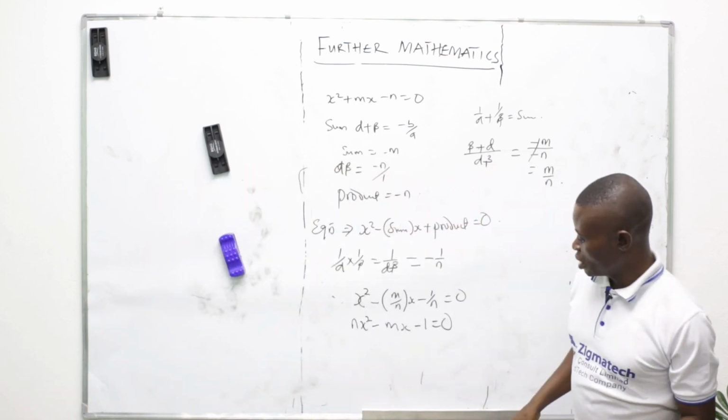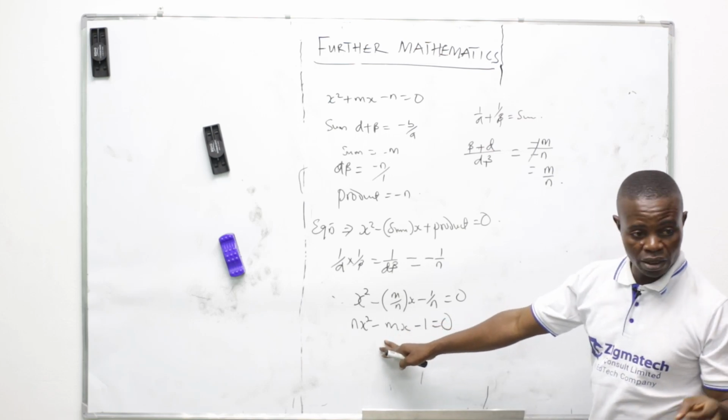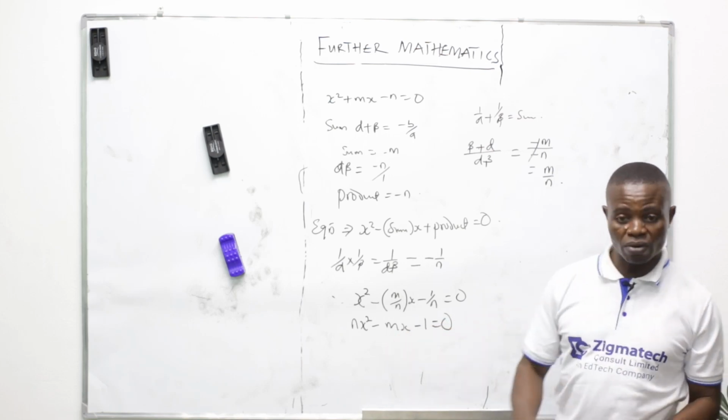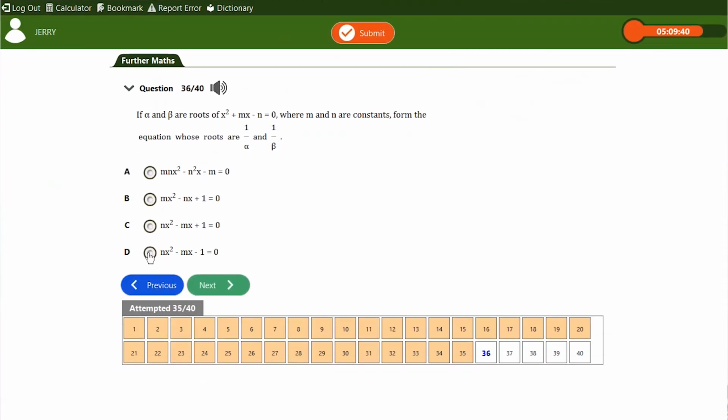So we'll now check. ns squared minus ms minus 1 equals 0. Option D.